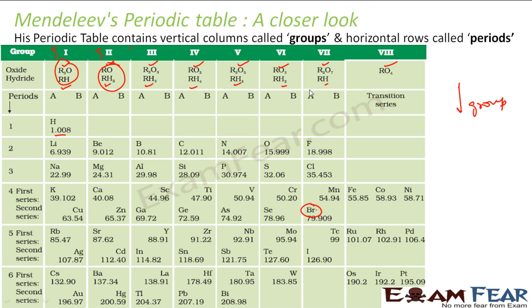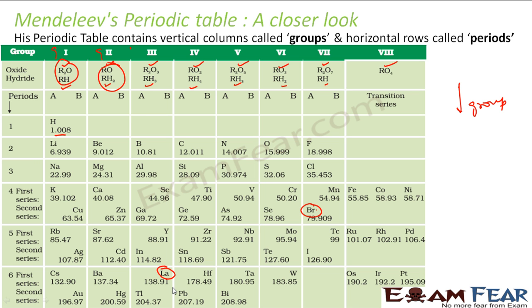So that's what the purpose is, right? Let's suppose it was very difficult to react this element with oxygen at that point of time. So he said, okay, I don't know how to react it, but I know that La will react with oxygen to form something like La2O3. And if it reacts with hydrogen, it will form something like LH3. And that was true also.